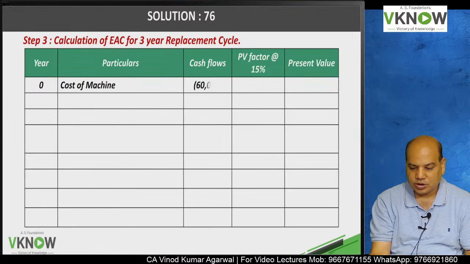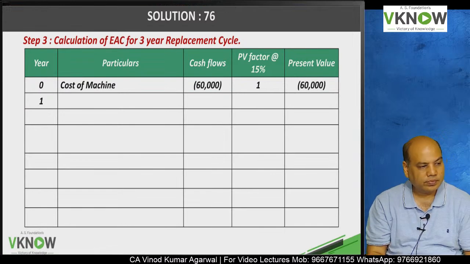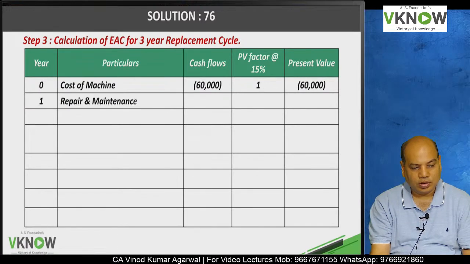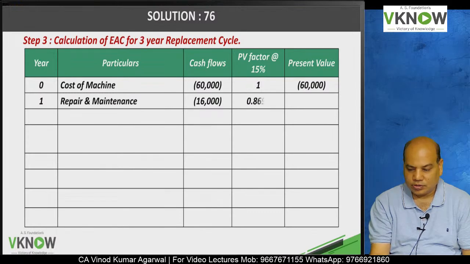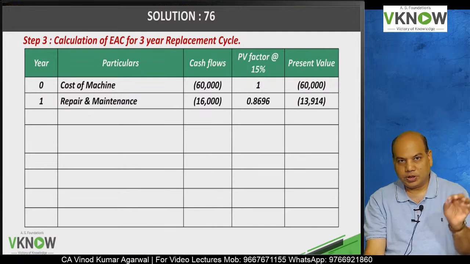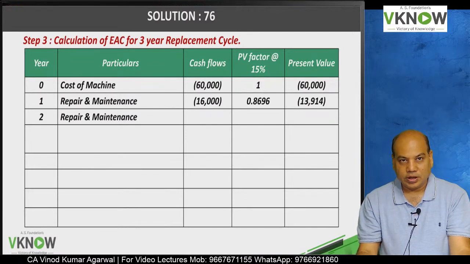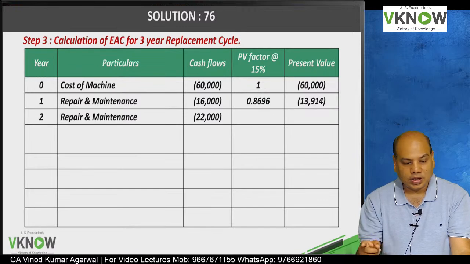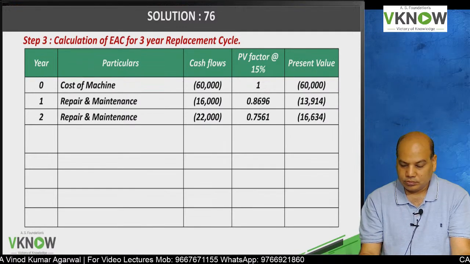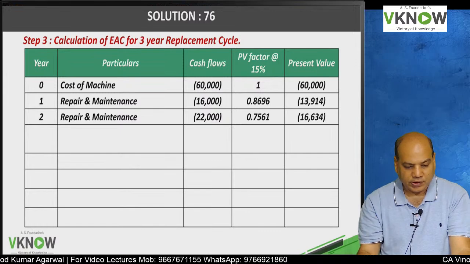One is your purchase cost, 60,000. Second, in year 1 you will incur repairs and maintenance of 16,000. You can copy the present value from the previous table. Don't waste time again. Repair and maintenance in the second year is 22,000. Copy the factor, copy the present value.